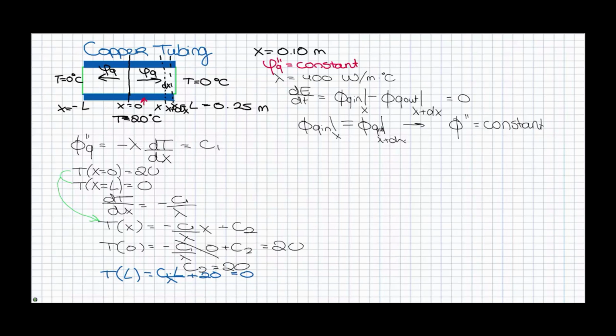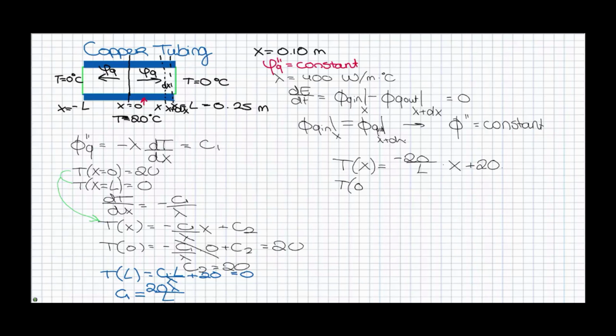And if we then calculate the first constant, we get 20 lambda divided by L. If you fill in these constants in the equation, we get an overall equation for the temperature: T is minus 20 divided by L times x plus 20.